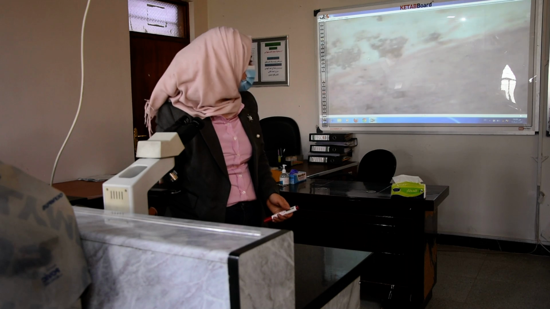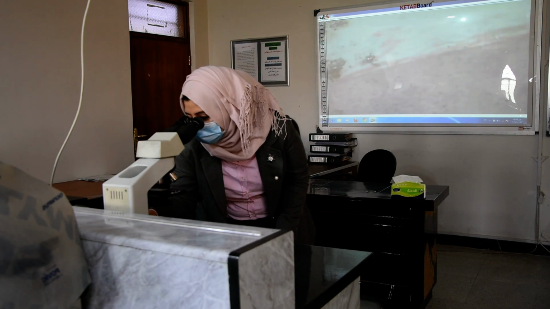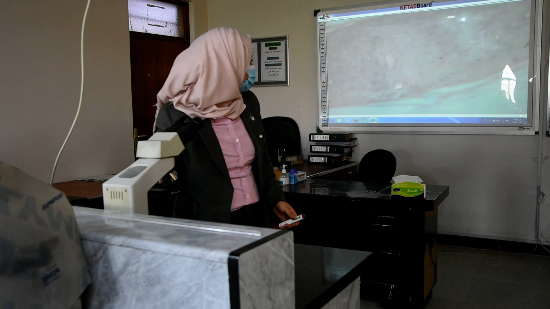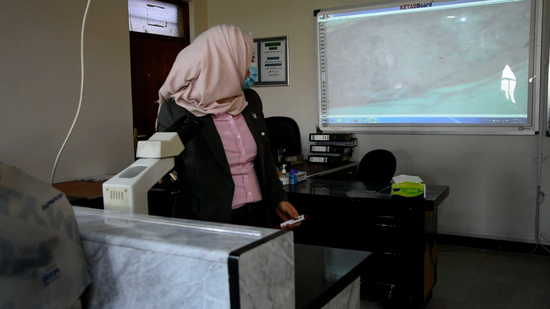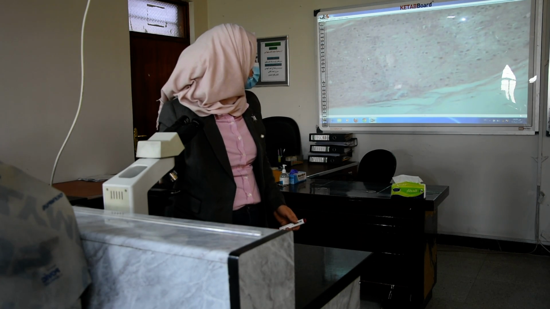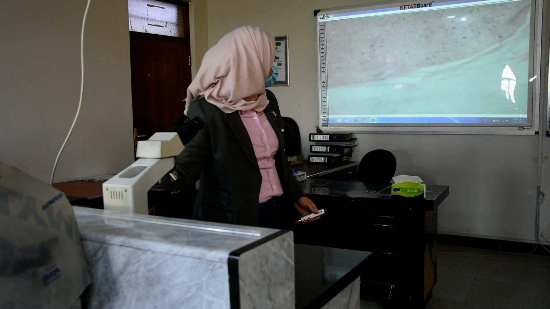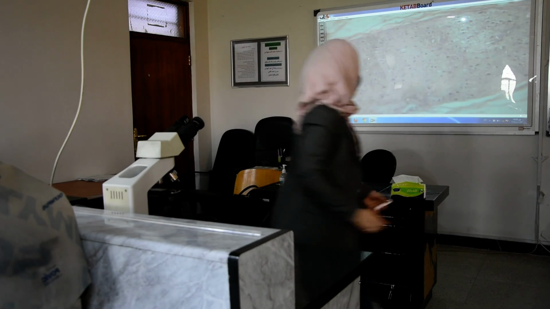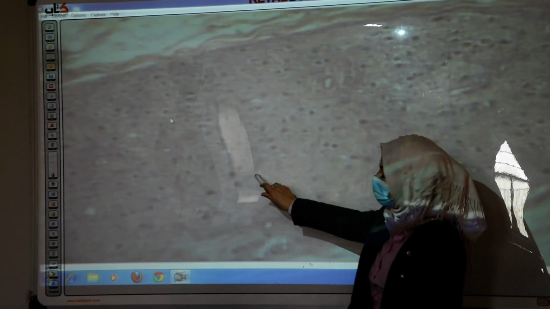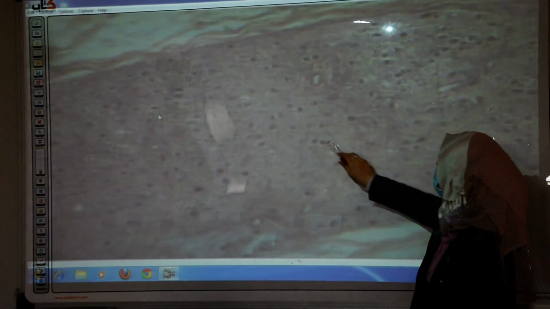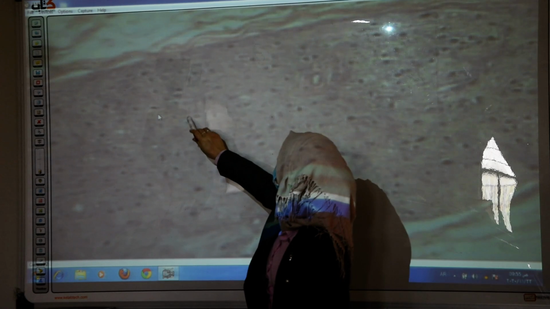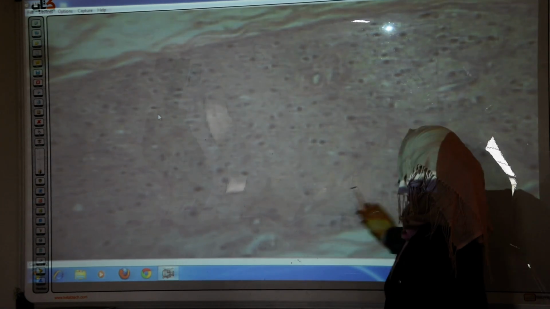At this section, as we see, this is an aggregation of neurons, or cell bodies of neurons.